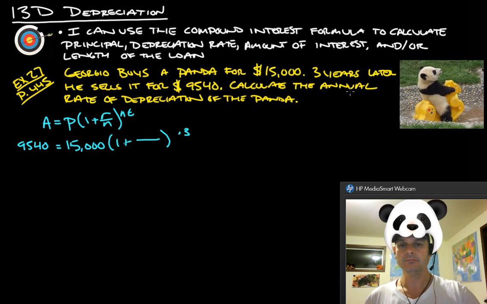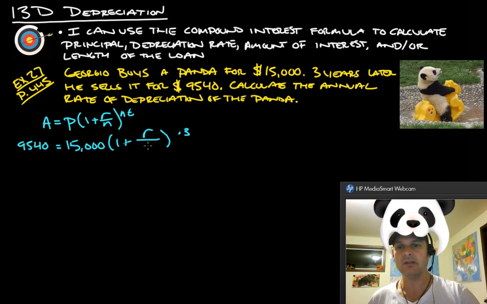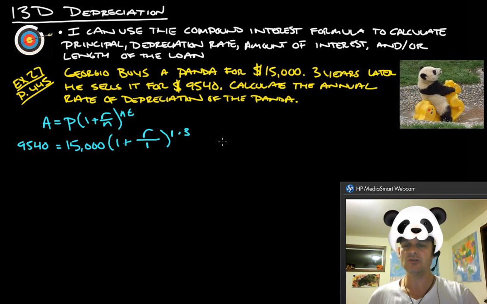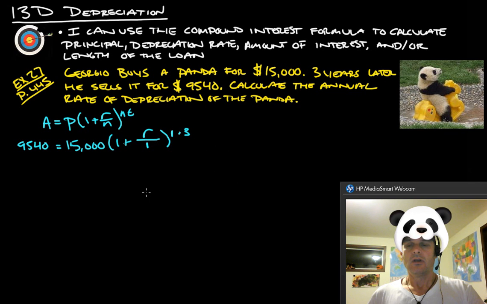Calculate the annual rate of depreciation of the Panda. So we are looking for that rate. And again, it's annual rate, so that means it's just one time. And again, depreciation is usually just calculated yearly. I don't ever remember a case where I've seen it calculated quarterly or monthly or anything like that.